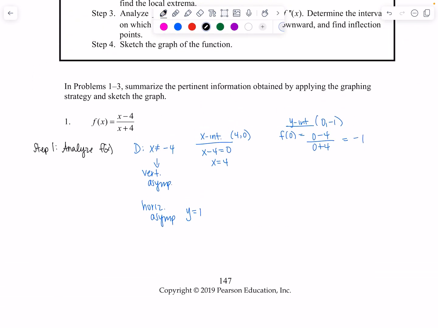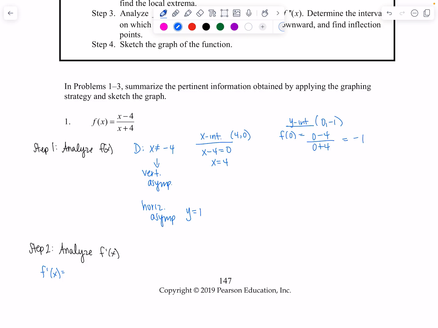Step 2. We'll look at our first derivative. And so f of x is x minus 4 over x plus 4.